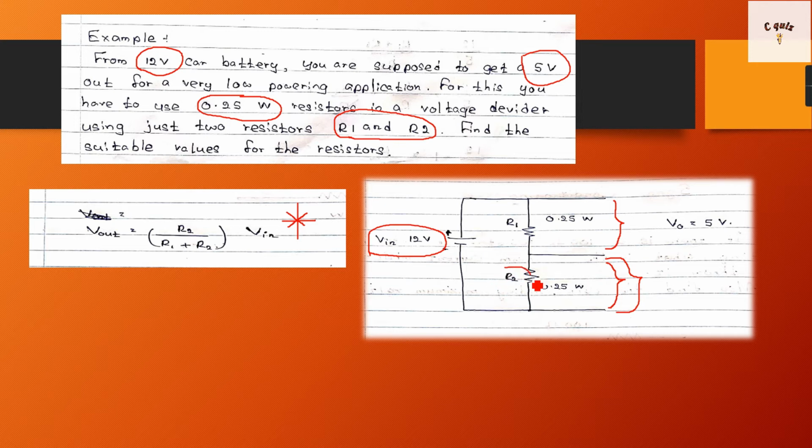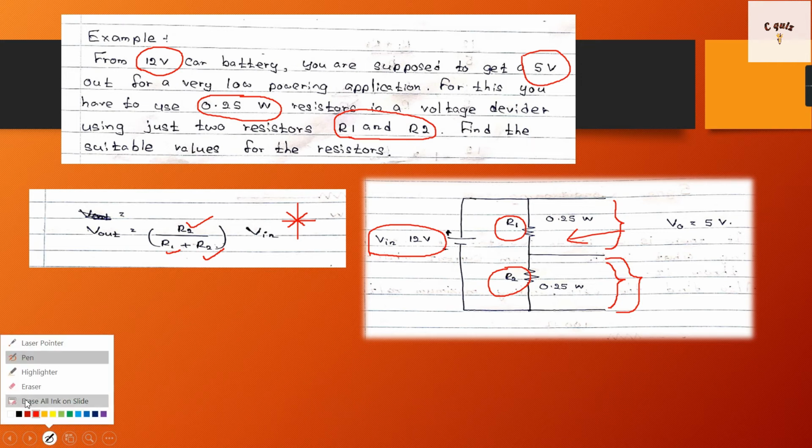I consider this R2 over R1 plus R2. What will happen when we consider R1? We can write it down like this.